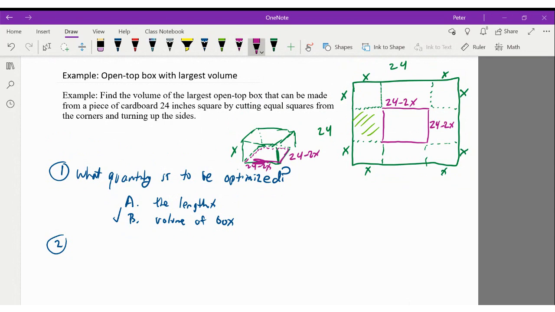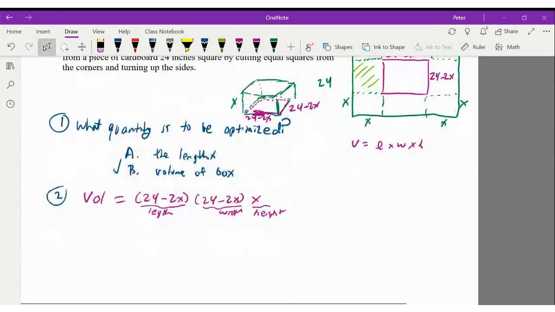So this is going to be a box that has volume 24 minus 2x, which we're going to call length, 24 minus 2x, which is width, and x, which is the height. We all know that the volume of a rectangular solid is length by width by height. So that gives us the formula for the volume of the box. And notice that this is very neatly just a function of x.